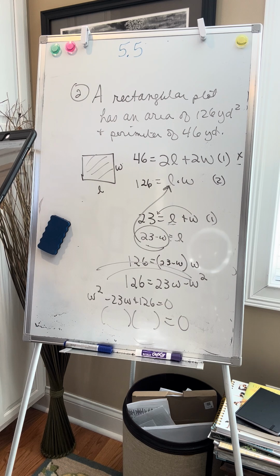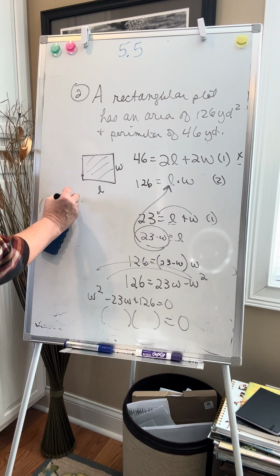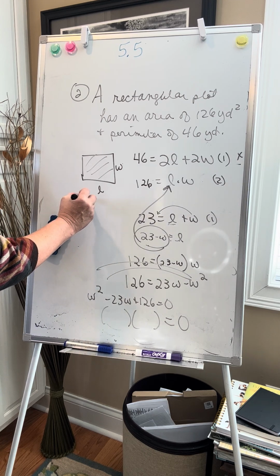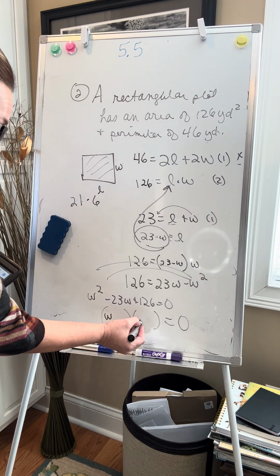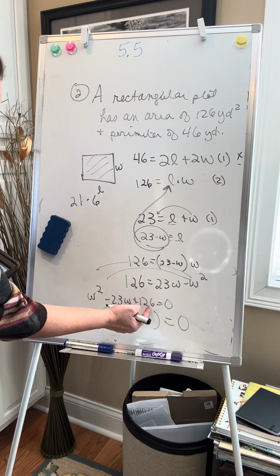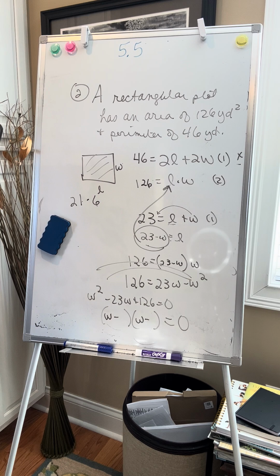126 divided by 10. 126 divided by 6. Oh, that works. 126 divided by 6 is 21. So 21 times 6, but that doesn't give me 23. I do know the signs have to be alike, a negative times a negative to get a positive, but still a negative in the middle.